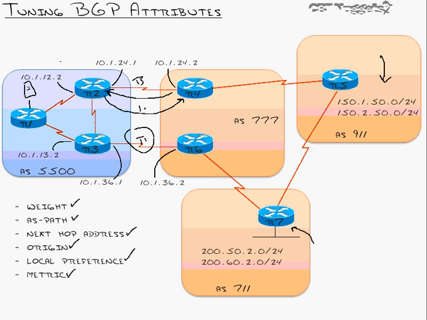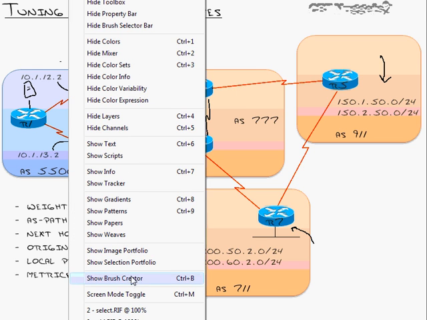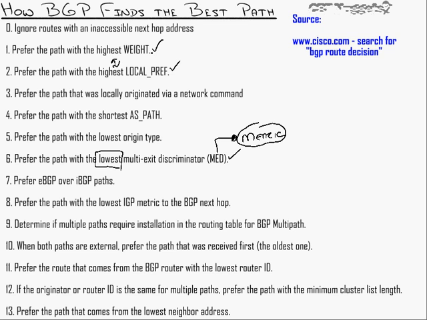Maybe I set the metric to 100 for all routes that leave router 2, and then I set the metric to 200 for all routes that leave router 3. So the ISP is going to get the same routes on both of those routers. It's just they're going to say, well, this one is preferred as better because it's lower, as long as, go back to this list, everything else is tied.